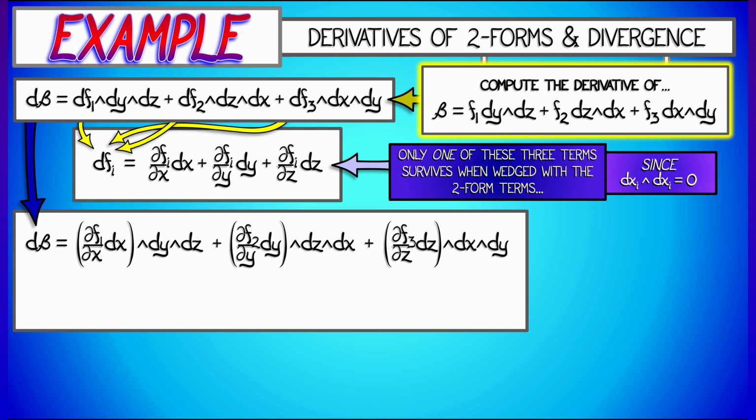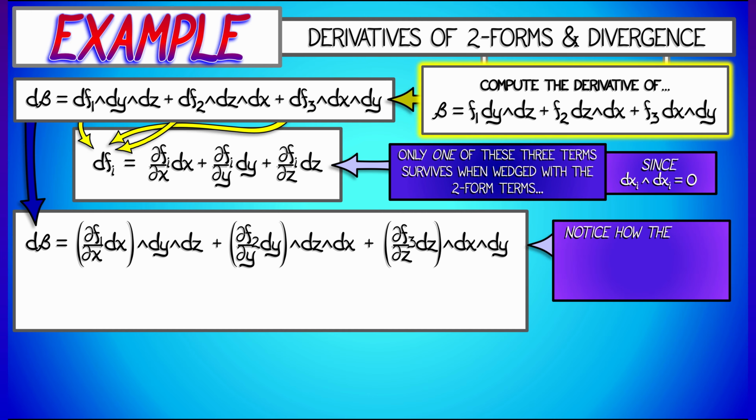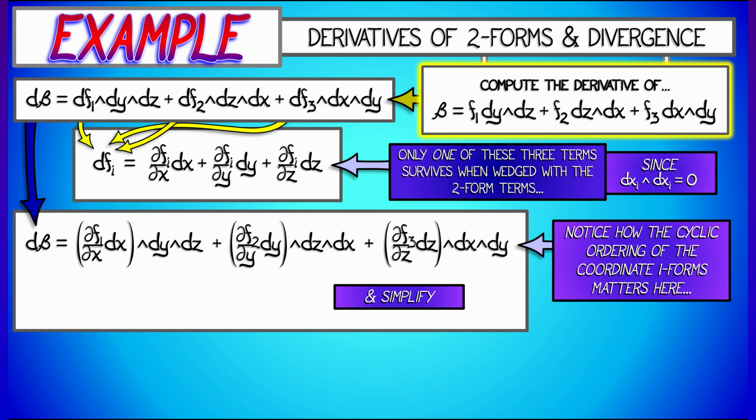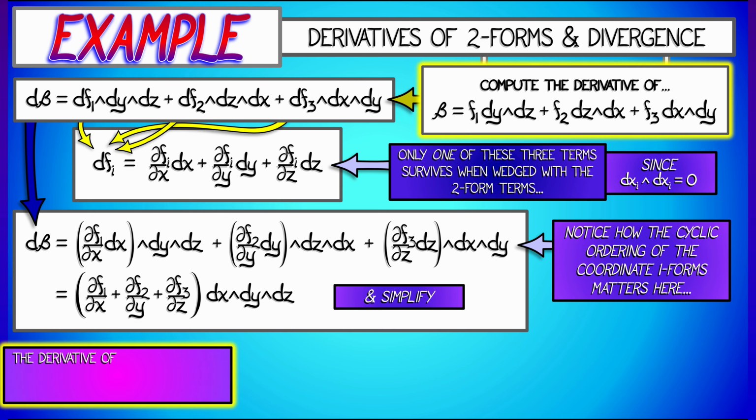Now again, we have a complicated looking three-form expression, but notice the cyclic ordering of the one-form terms implicit in the way that we've written things out, with a little bit of rearrangement using what we know about the wedge product. What we get is quantity partial f1 partial x plus partial f2 partial y plus partial f3 partial z dx wedge dy wedge dz.